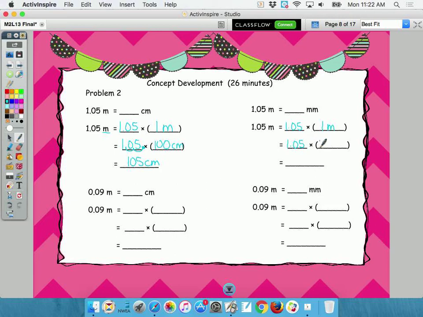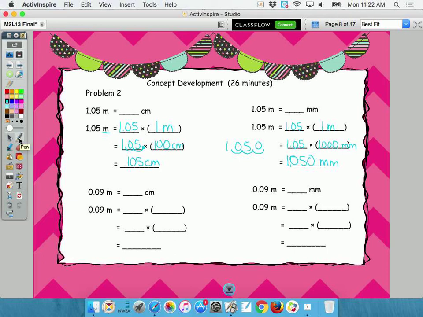Very good, block 3. So my label here is 2 small m's, okay? So if I do the decimal hop, and I'm going to rewrite this so I don't run into my multiplication sign, watch me. 1, 2, 3, fill in with how many zeros? So I have 1,050 millimeters.